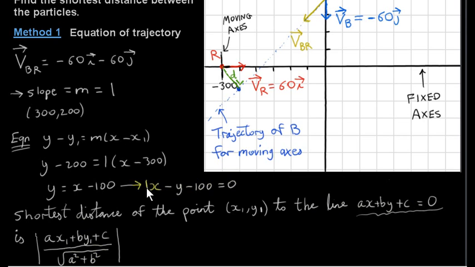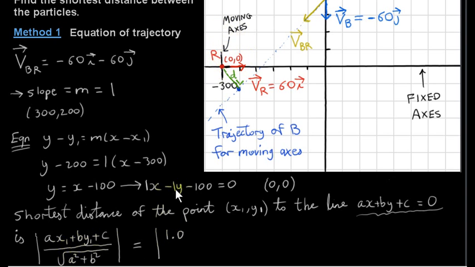So a, the coefficient of x, is 1, b, the coefficient of y, is minus 1, and c, the constant term, is minus 100. So we plug those values for a, b, and c into this. So a is 1. Now x1 is the x value of the point whose distance we're getting to the line. Well, it's this point here, which is coordinate 0, 0 in the moving axis.